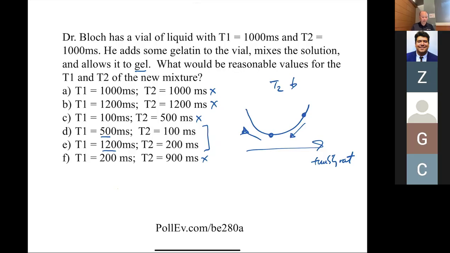You could argue that if this was water and it had long T1 and it was already near the sweet spot, then probably it does go up. So all things being equal, it probably went up, but you could imagine cases where, if I didn't really tell you where the liquid was, maybe it could have gone down. But yeah, I would say I agree that, all things being equal, E is probably more likely. Okay.